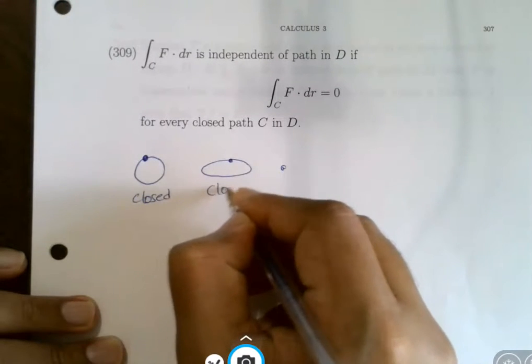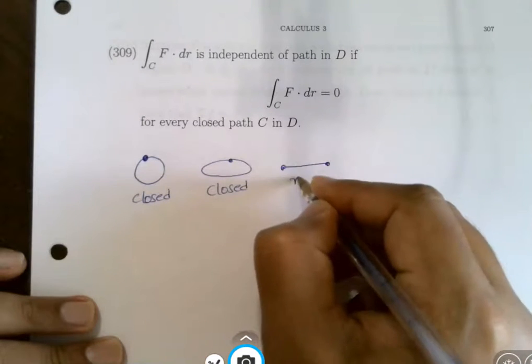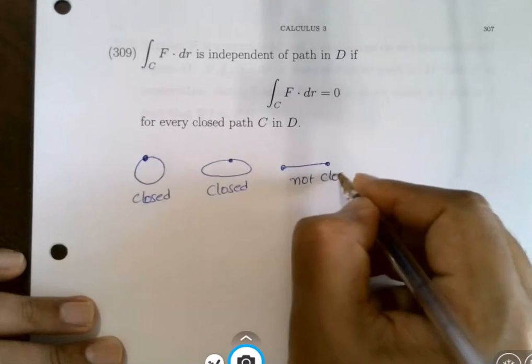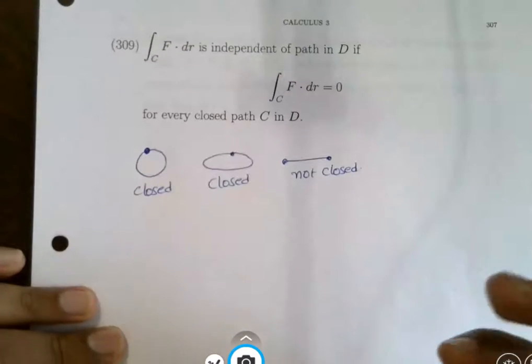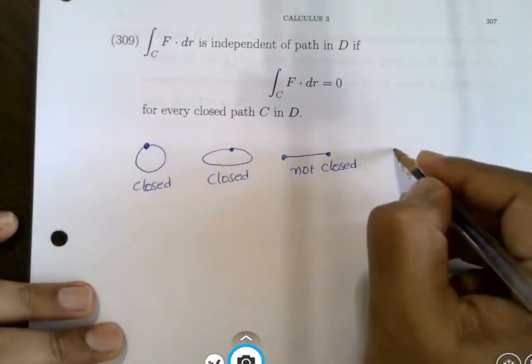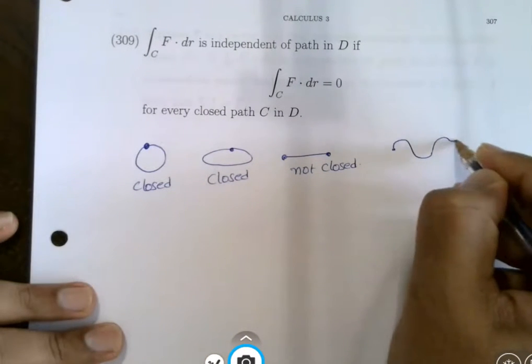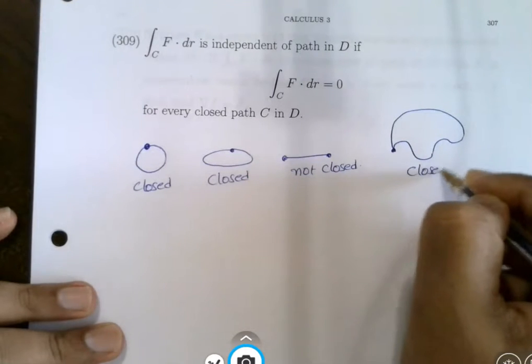This is closed. This is not closed, because the terminal point and the initial point are different. You don't have to have circles, you can have any weird shape like that, and that's closed. Are you with me on that?